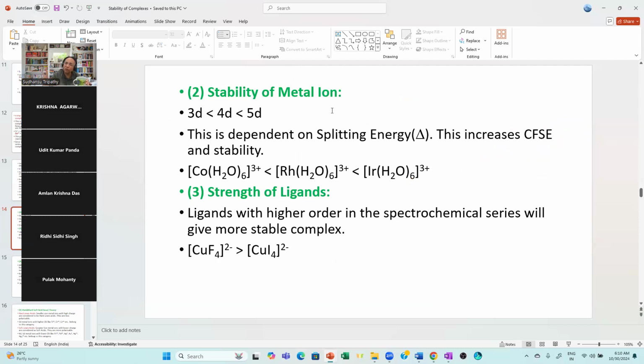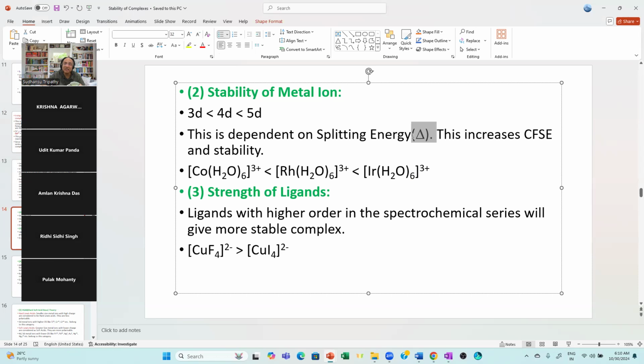Stability of metal ion: I have already told you 3D gives the minimum Delta O, 4D, 5D more and more. So it depends on the metal ion, the series to which it belongs.